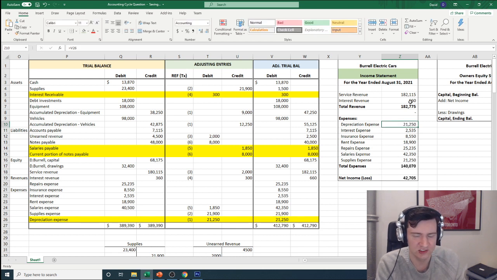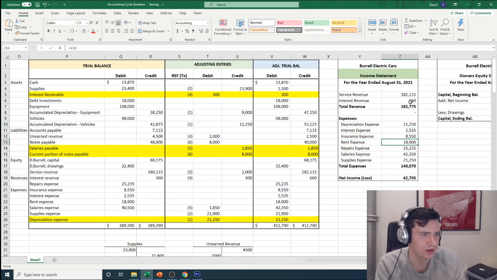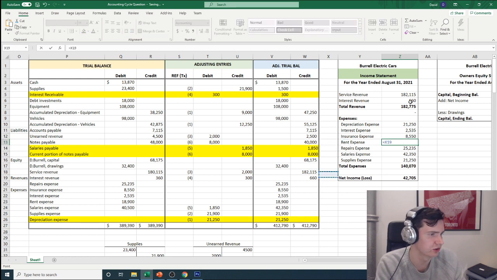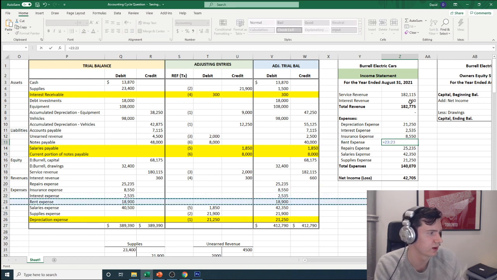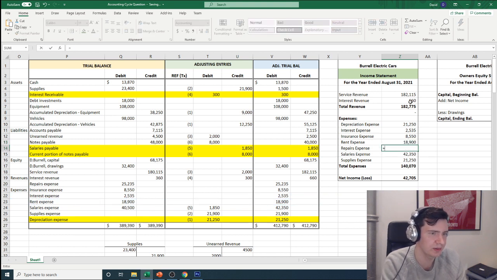21,250. Interest expense is going to be 25,355. Insurance expense, we're going to reference right there. Rent expense, we're going to reference the rent expense amount right there. Repairs expense, we're going to reference the repairs expense on the adjusted trial balance, so that amount. And then we're going to take salaries expense.